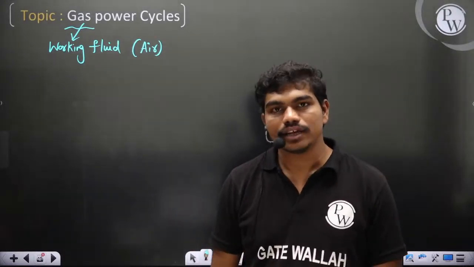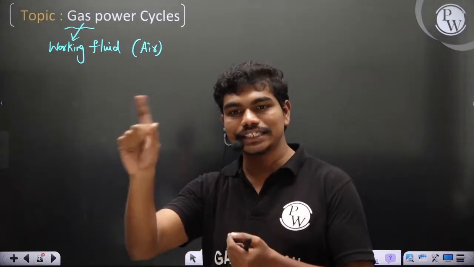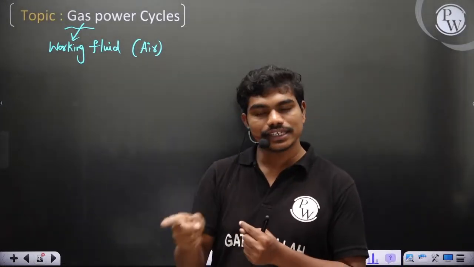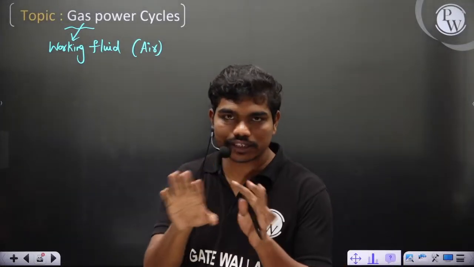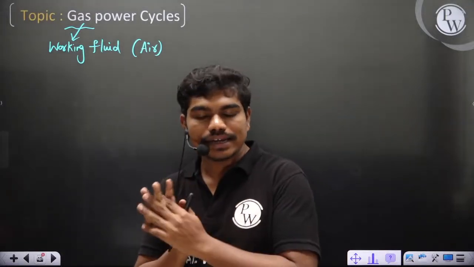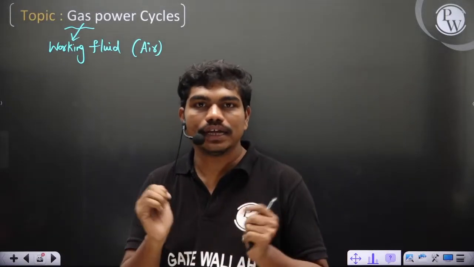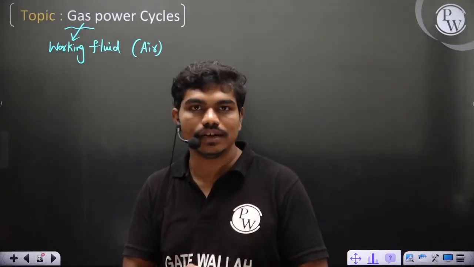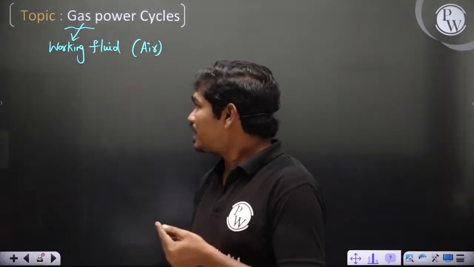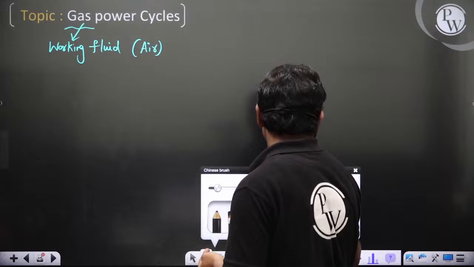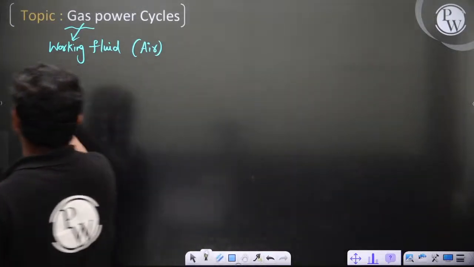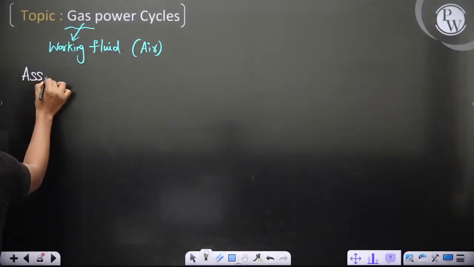Now the main thing is, why I am teaching the IC engine cycle separately is that there the system is closed. We assume the system is closed and do the analysis. But in case of the Brayton cycle or similar, the system is open. So there is an open cycle that we generally deal with. Now let's see the working fluid, and before going for these things, let us make certain assumptions which we work out.